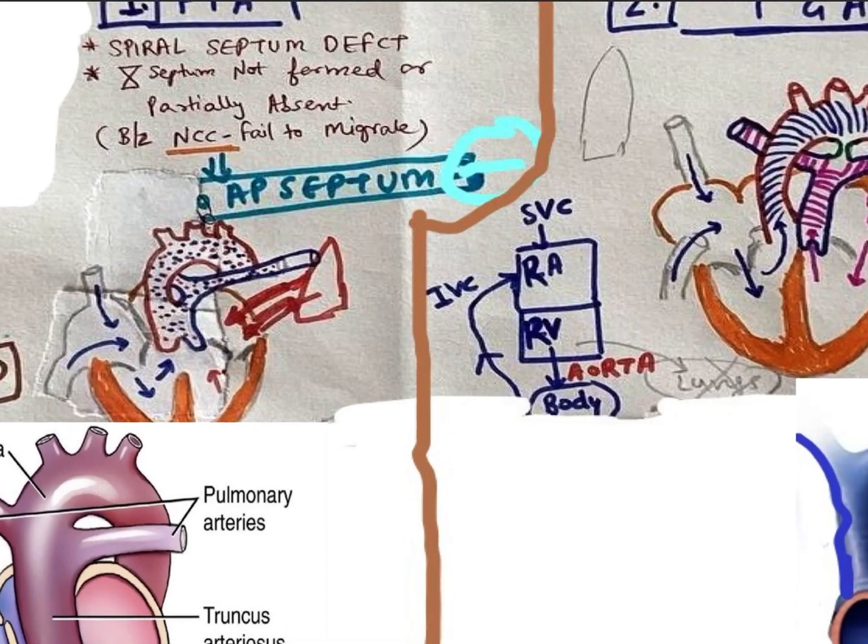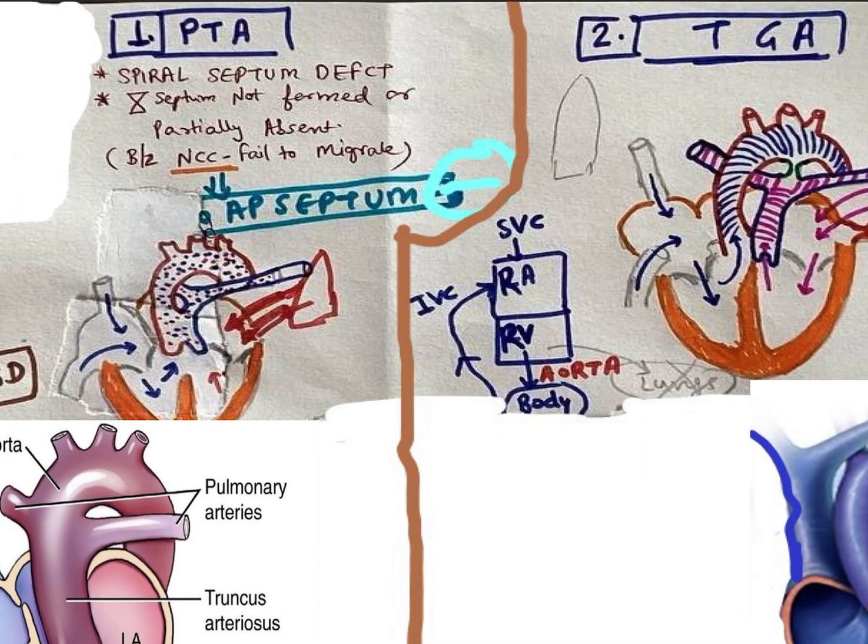What happens in persistent truncus arteriosus? I have already explained. This is the bulbus cordis and this is the primitive ventricle. They are opening through the truncus arteriosus, and this truncus arteriosus divides into pulmonary trunk and aorta.